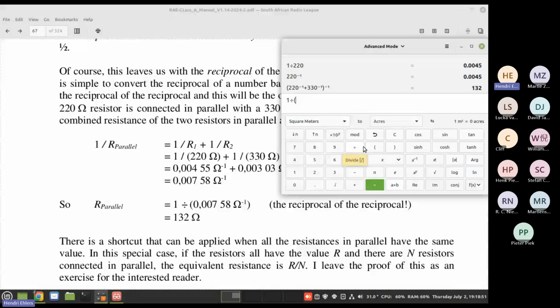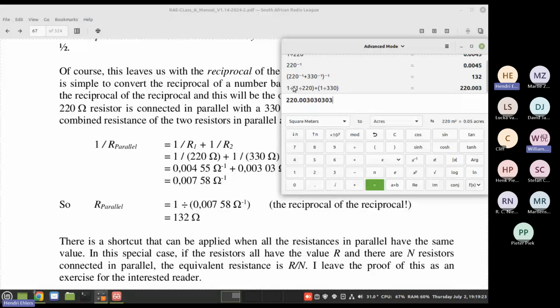Right, I'm going to make a deliberate mistake. We're going to get the wrong answer, and I want to see if you know why. Right, we get the wrong answer.